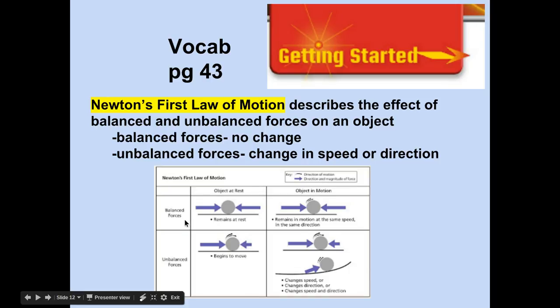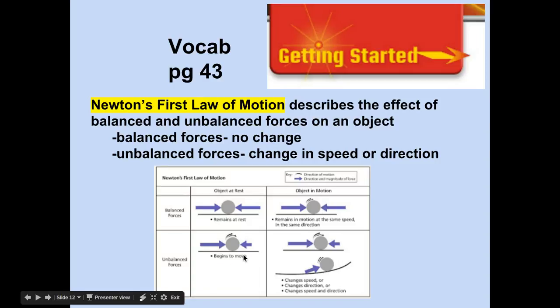These are in the Newton's laws of motion reading that you read yesterday. As you look at this, balanced forces, if an object is at rest, shows objects pushing the same from both sides, that object would remain at rest. If that object was in motion and there's still the same amount of force on both sides, that object would stay in motion, moving in the same direction.